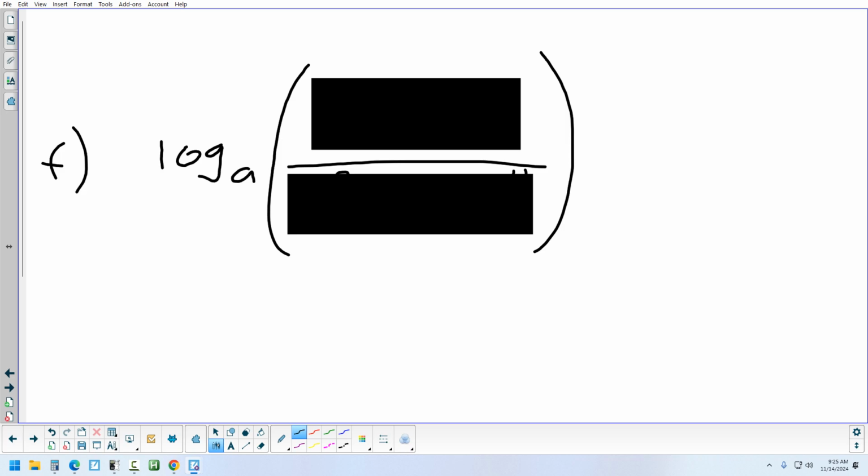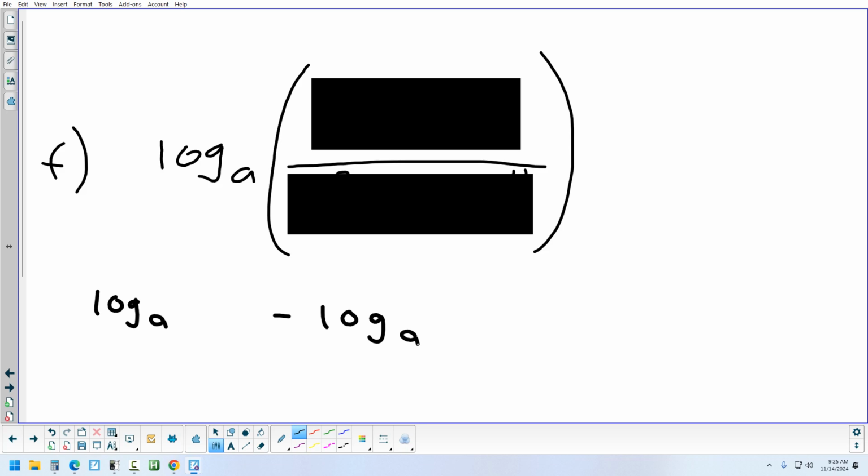When you have the log of something divided by something, how is that going to split up? Yep. It's going to be the log of A minus whatever, minus log of something else. So it's going to split up into a subtraction problem. Now we need to look at what is in the numerator and denominator, and then that might simplify even further.